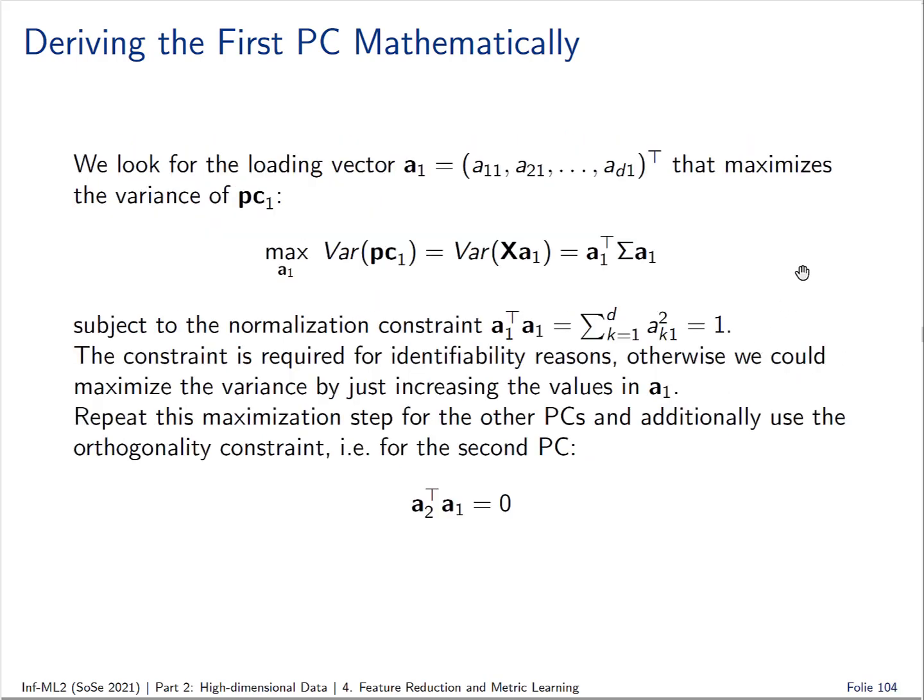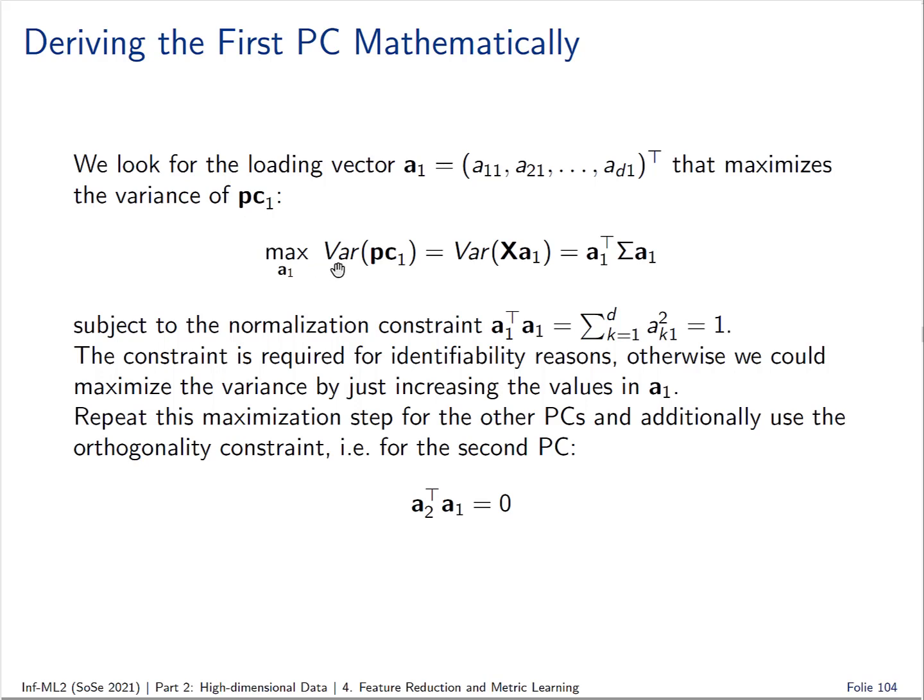And how do we get them? Well, we look for the loading vector that maximizes the variance of the first PC in the first step. So we derive the first principal component by looking for that loading vector, A1, with the corresponding weights for all the individual d features, x1 to xd, that maximizes the variance of PC1.